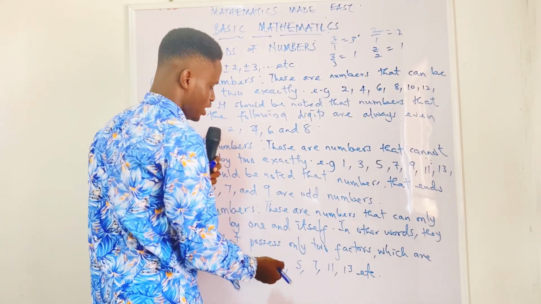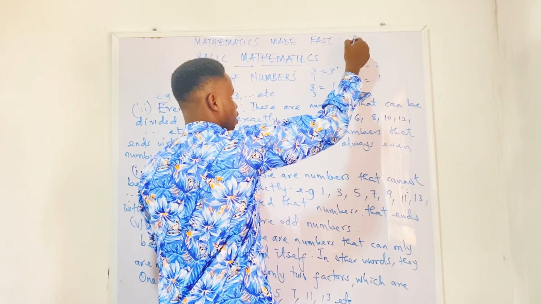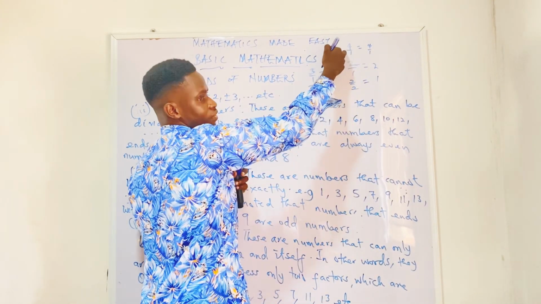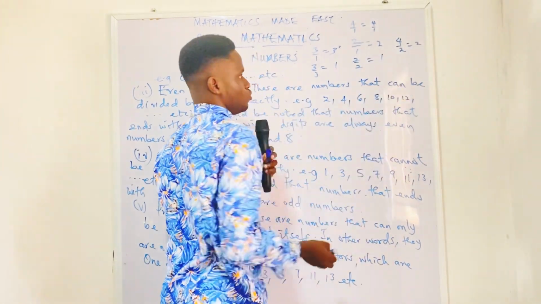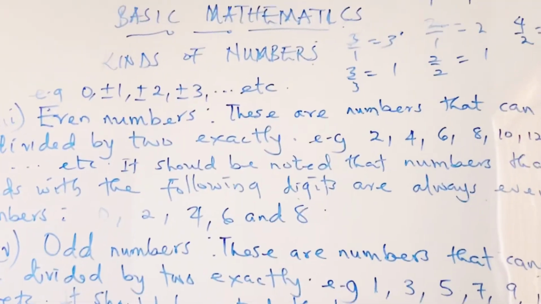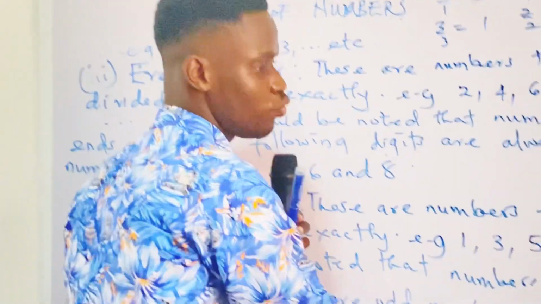Now, the next number here should be 4, but check 4. If 1 should divide 4, it's not only 4 itself that can divide 4. You can see that 2 as well can divide 4 to be 2. Do you get that now? And the instruction says prime numbers can only possess how many factors? 2 factors.